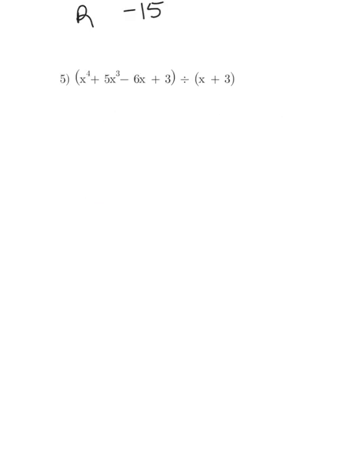On number 5, notice that we are missing a squared term in our descending order. So we need to put a 0 in as a placeholder there. Setting up the dividend, we will have 1, 5, 0, -6, 3. Over here, we're dividing by -3.